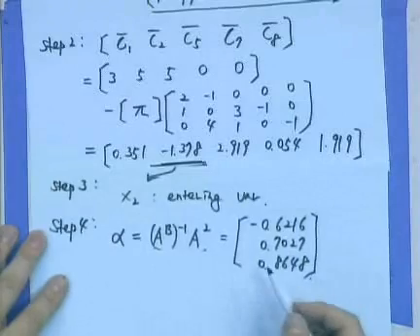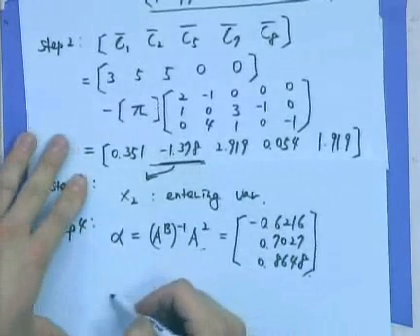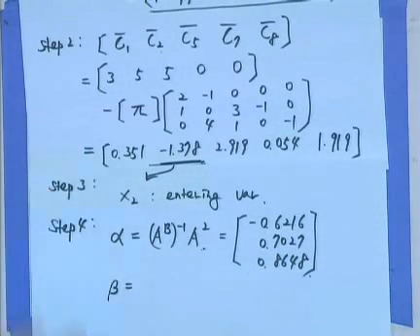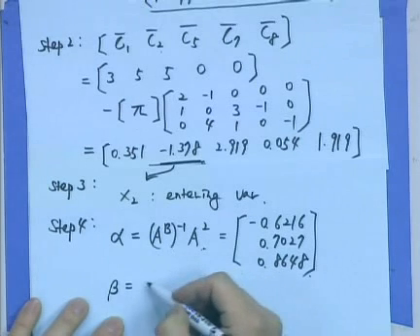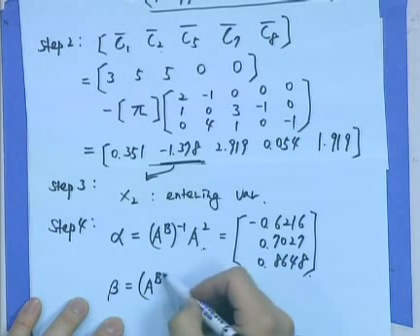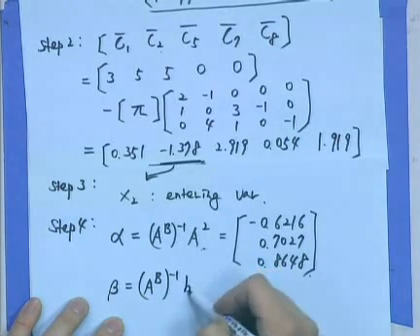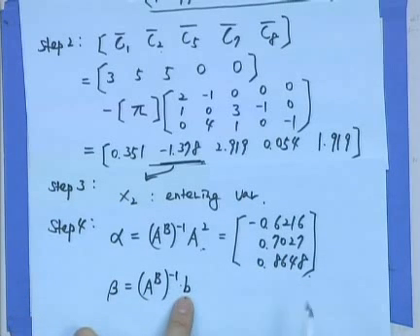And the value of the current basic variables, which is represented by beta, can be obtained with this formula. And again, b is from the original table, the right-hand side values, right?